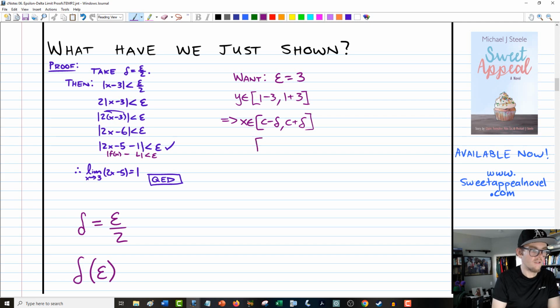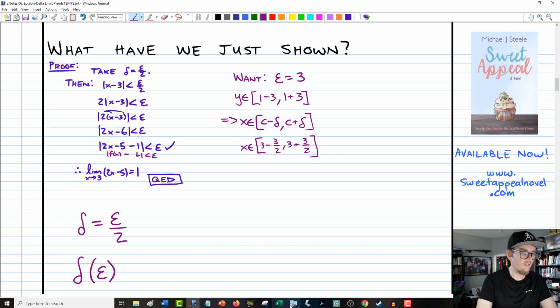Well, c was 3, so this will be 3 minus epsilon over 2 and 3 plus epsilon over 2. So I submit that if our x values are between 1.5 and 4.5, then all of our y values will be between -2 and 4.